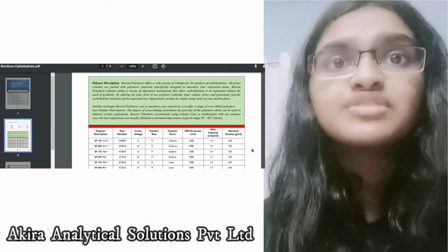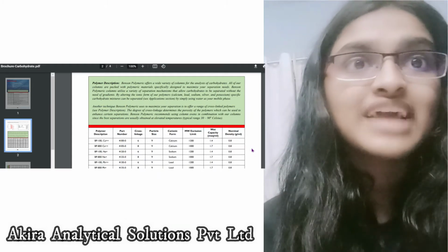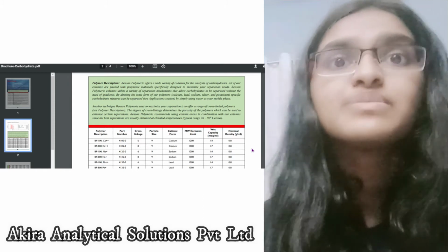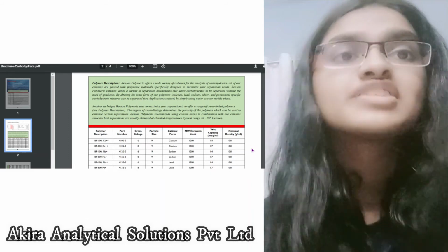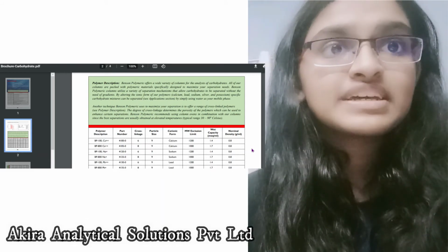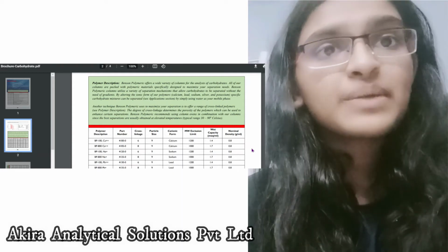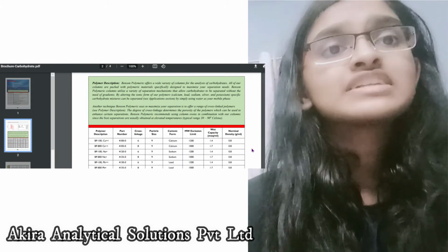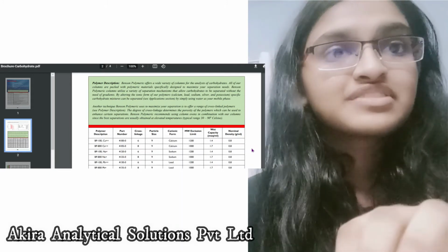By altering the ionic form of their polymers, the calcium, lead, sodium, silver and potassium, specific carbohydrate mixtures can be separated by using water as your mobile phase. Another technique is using column ovens in combination with their columns, since the best separations are usually obtained at elevated temperatures that fall under the typical range of 30 to 90 degrees Celsius.